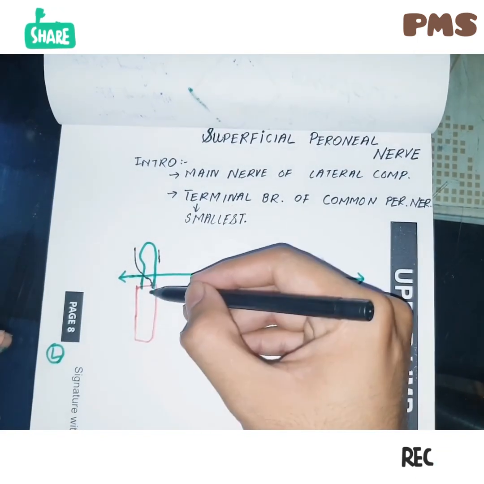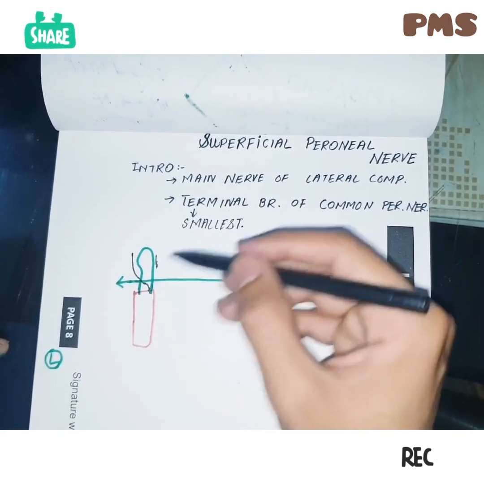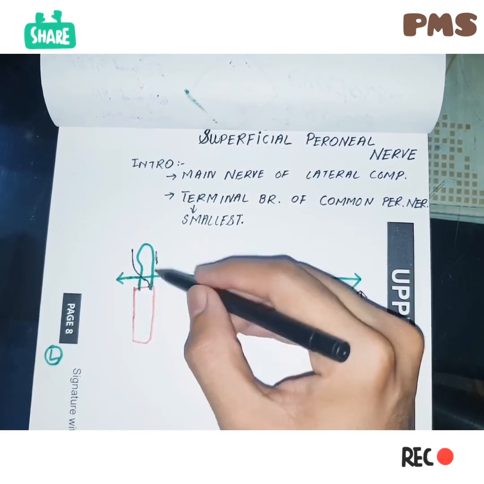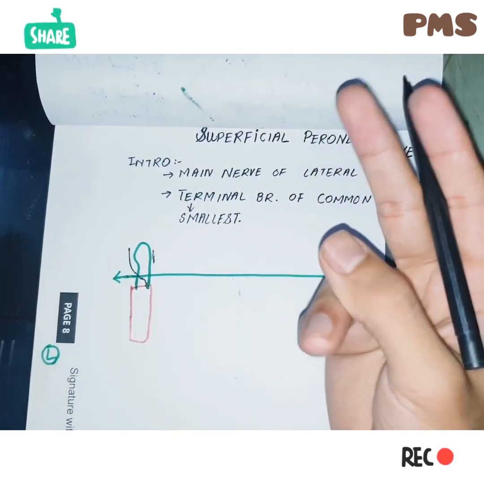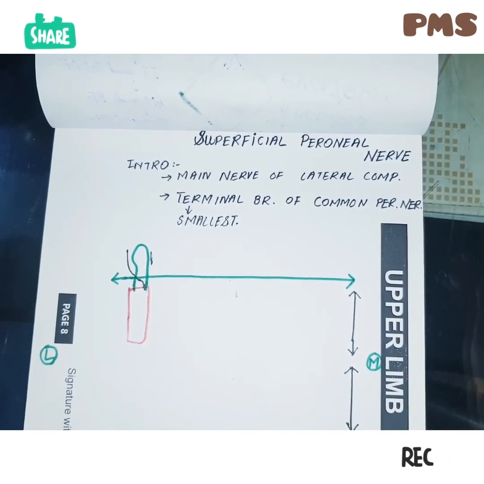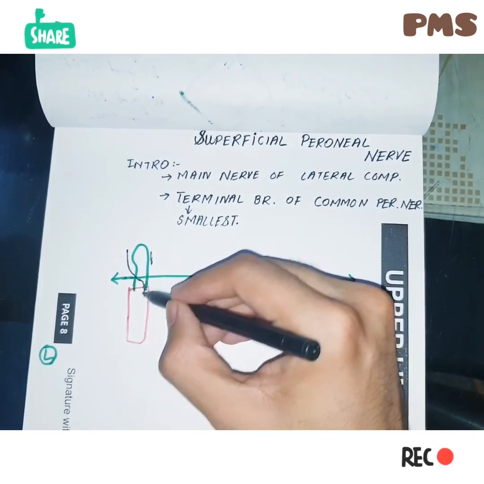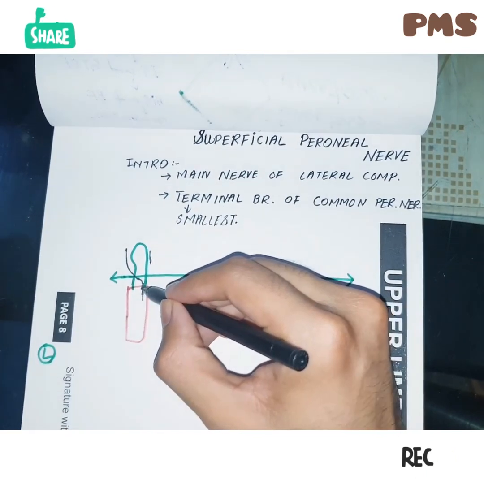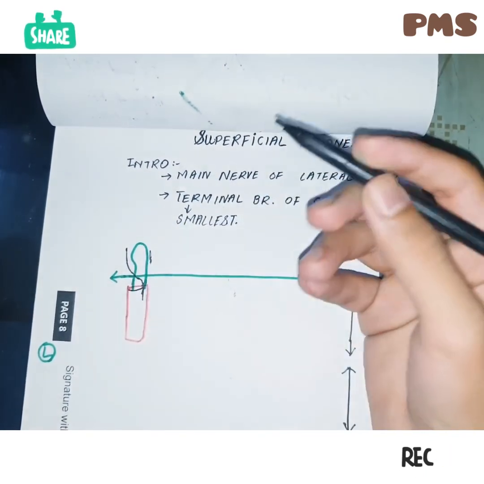Within the substance of this peroneus longus muscle, the common peroneal nerve divides into two terminal branches, of which one is the superficial nerve, which we are going to talk about. So this is superficial and this is the deep peroneal nerve.